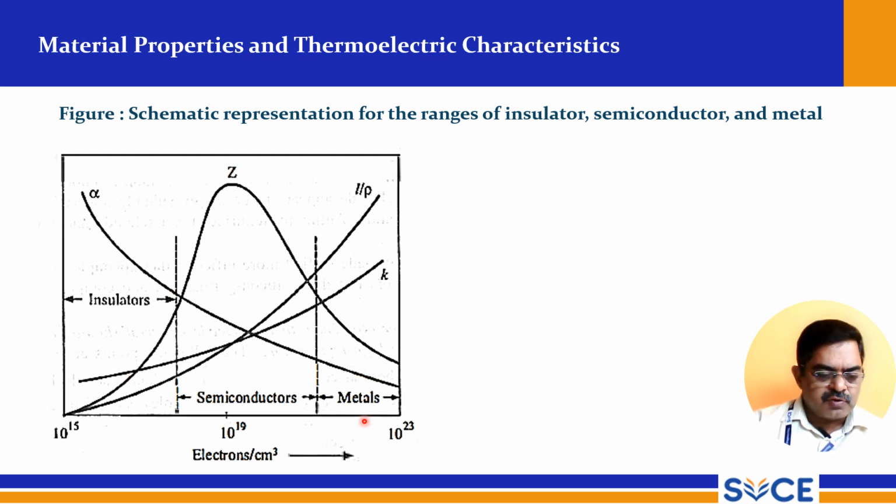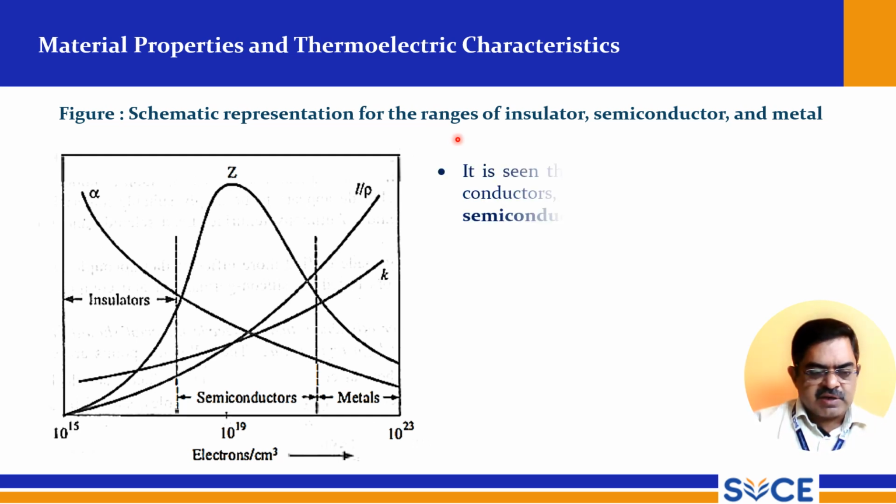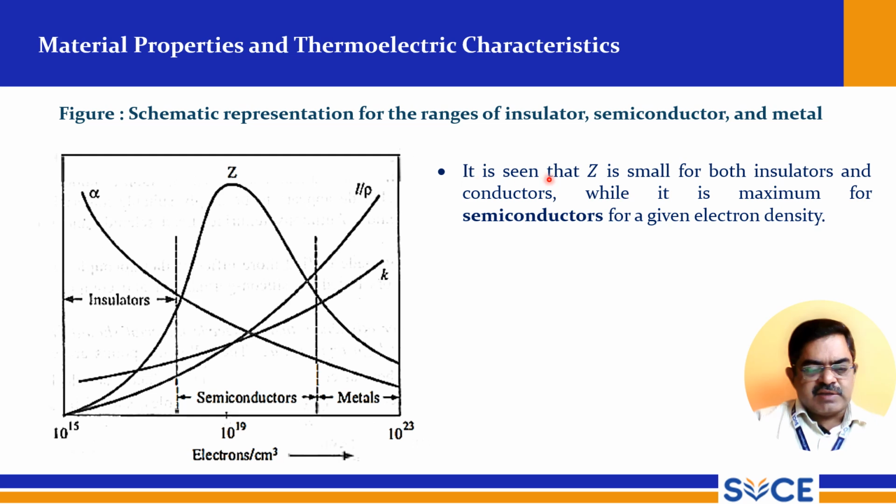For all these four curves we can define all three types of materials through electrons per centimeter cube. So electrons per volume distinguishes between these three types of materials. A schematic representation for the range of insulator, semiconductor and metals. It is seen that Z is small for both insulators and conductors, while it is maximum for semiconductors for the given electron concentration.